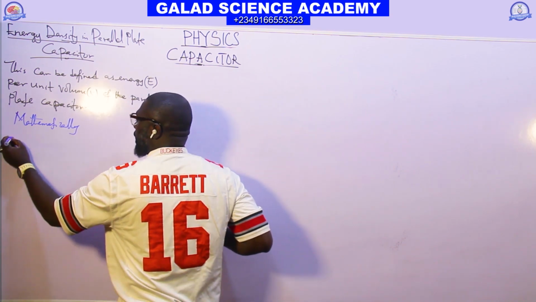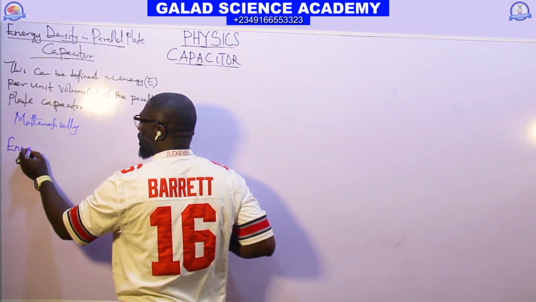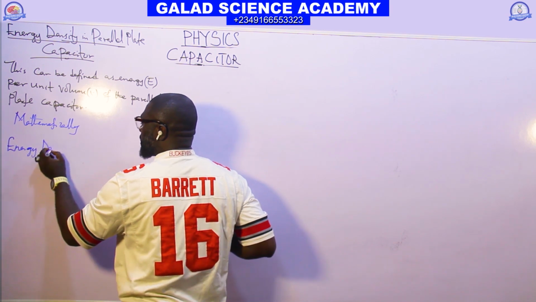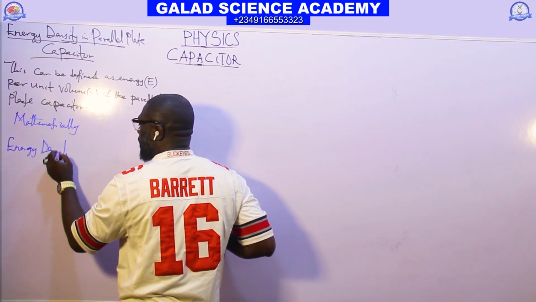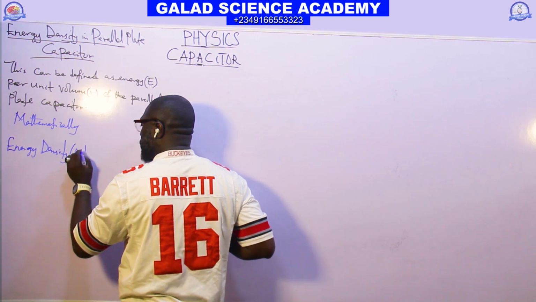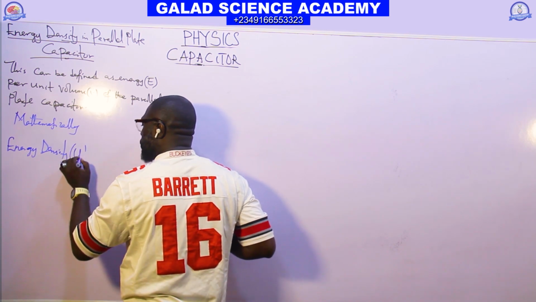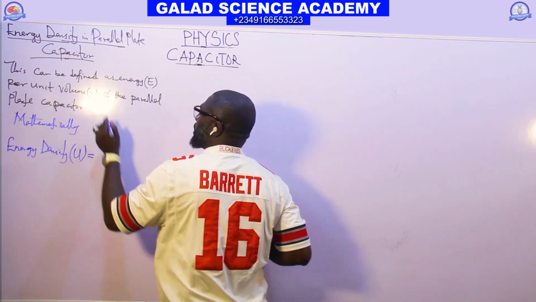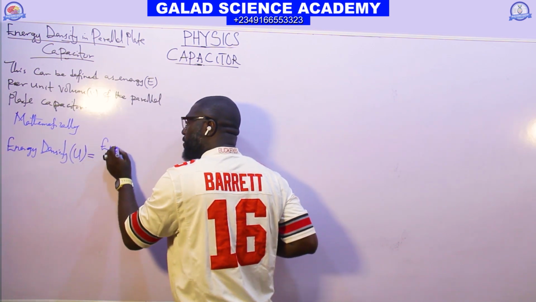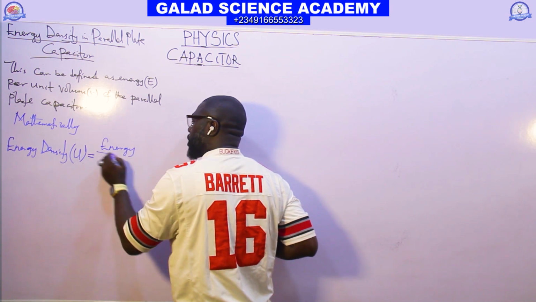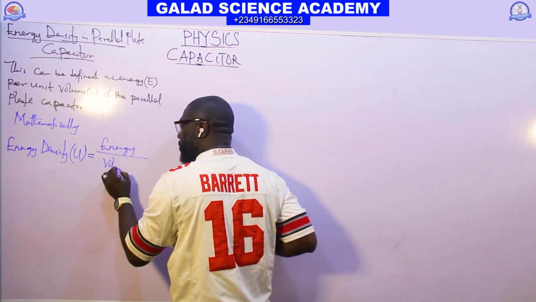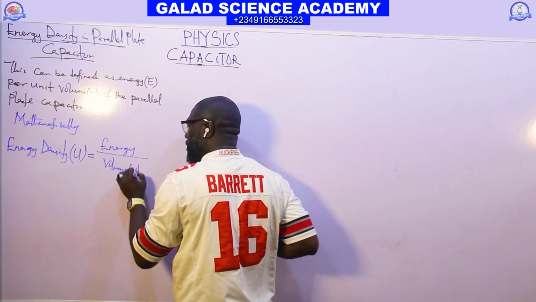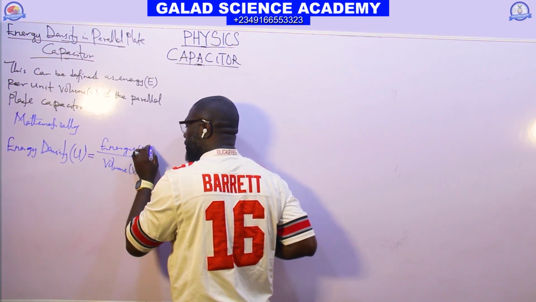Energy density, we use U for denotation, is energy per unit volume. We have energy stored in the capacitor over volume V.